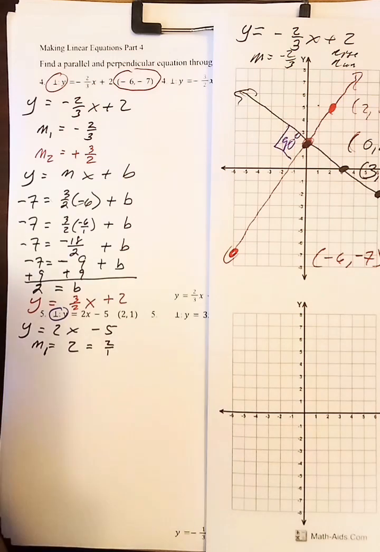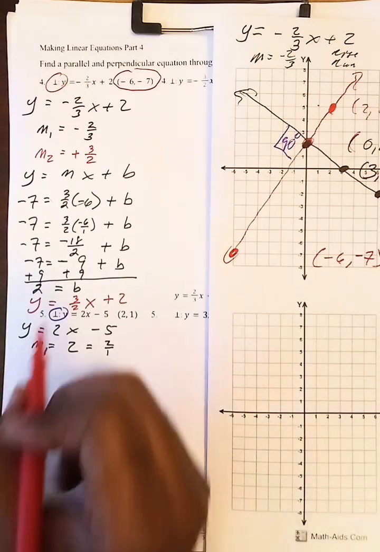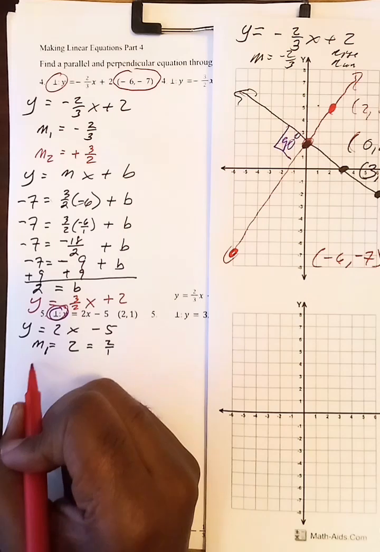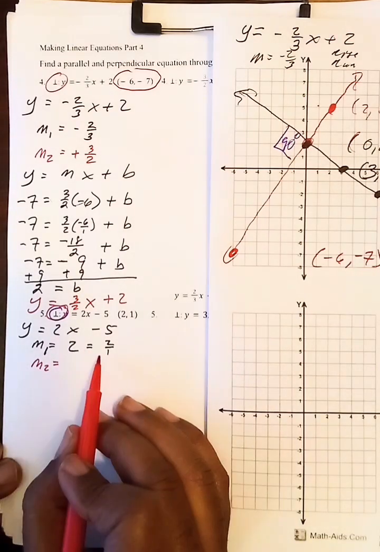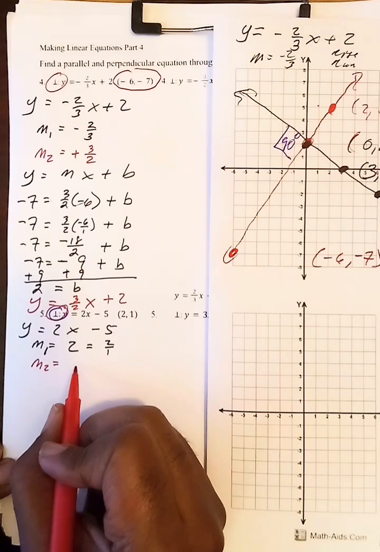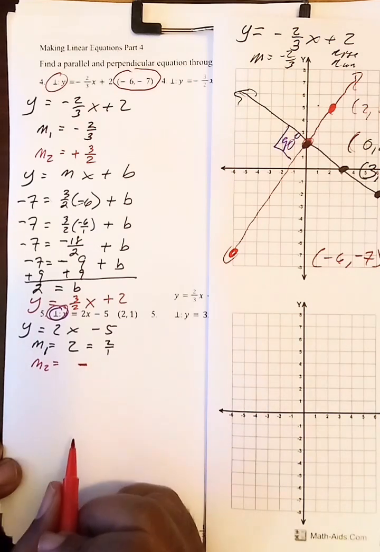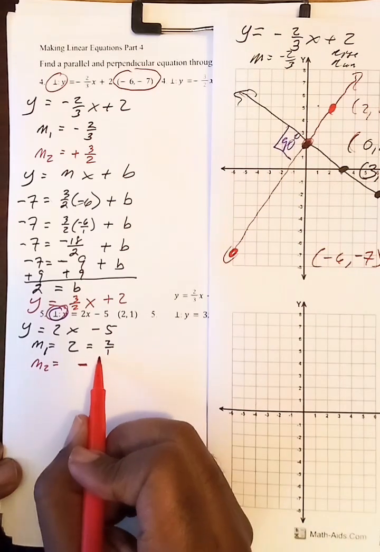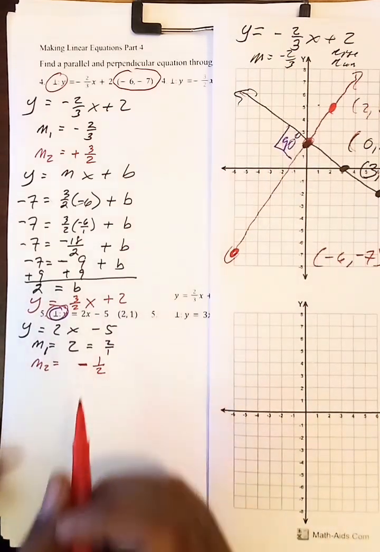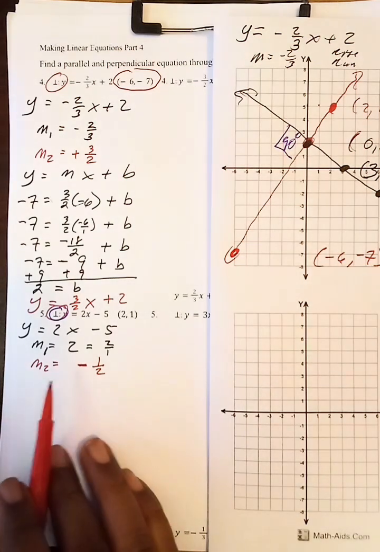We want a new slope that is perpendicular. So for the new slope, you have to change the sign. So this is positive, so the new slope is going to be negative. And the old slope is a 2 over 1, so the new slope will be a 1 over 2. And this is our new slope, negative 1/2.